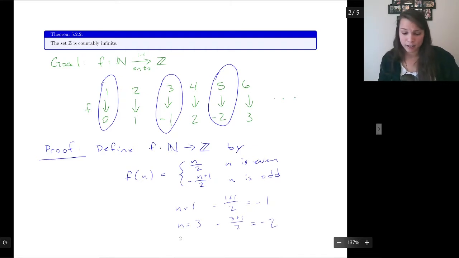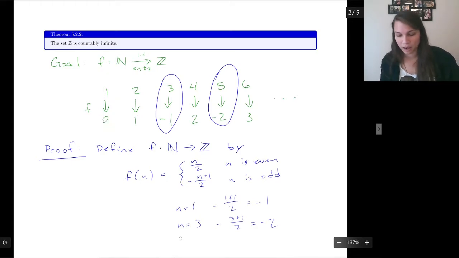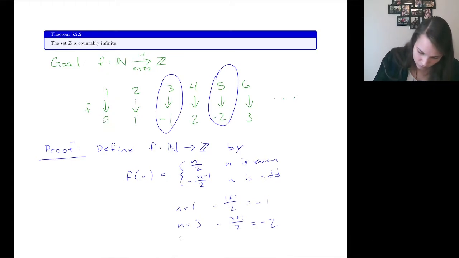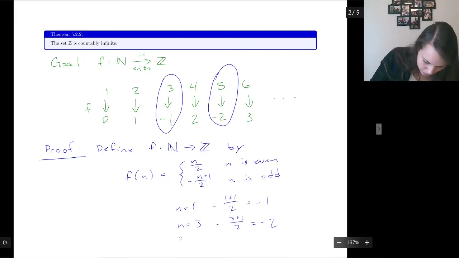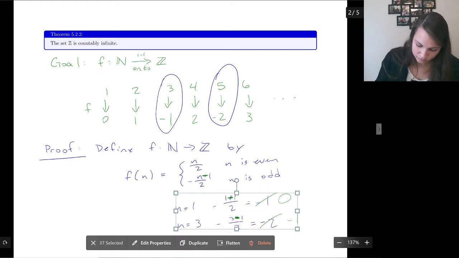So that looks good, but that's not what we had written. We need that first one to map to 0. So what we want to do is a minus here. So minus 1. And that would map us to 0 and to negative 1. And that'll be good. Okay.